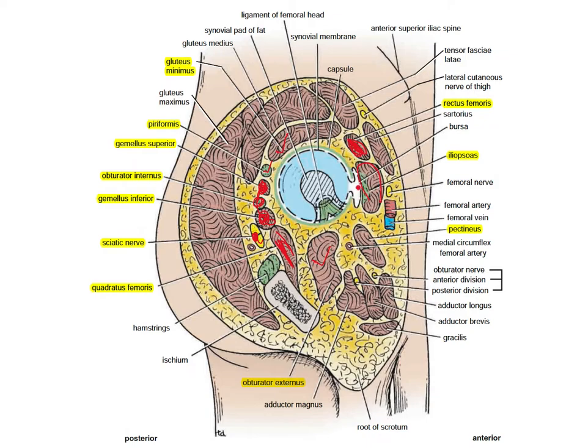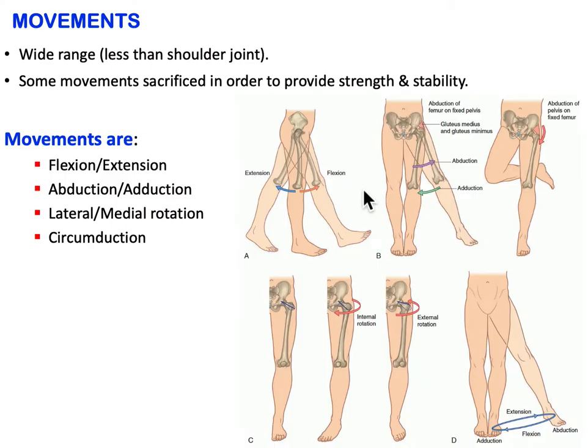Look at it here, it's separated by the iliopsoas bursa, with an extension of the synovial membrane outside. Anyway, it separates the joint capsule from the iliopsoas muscle, which is easy to remember, and you also have the pectineus muscle anteriorly.